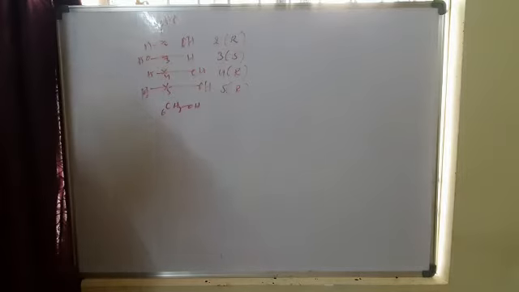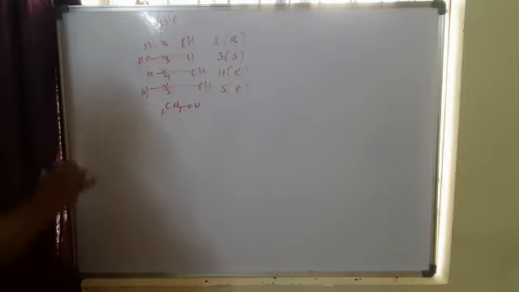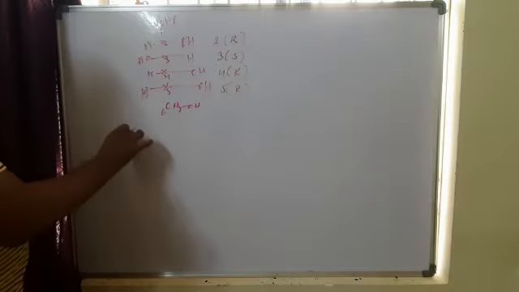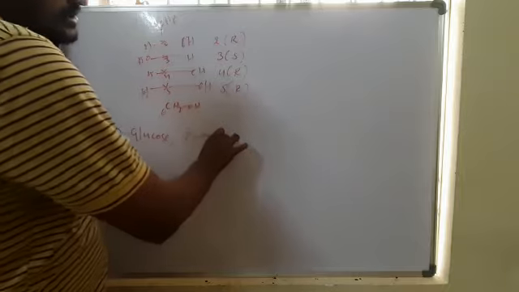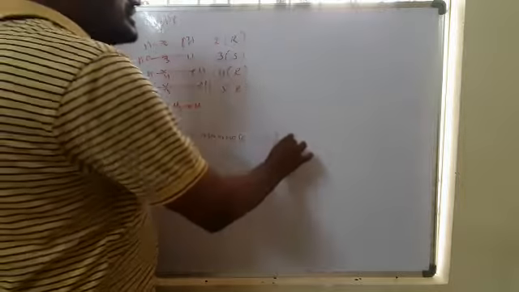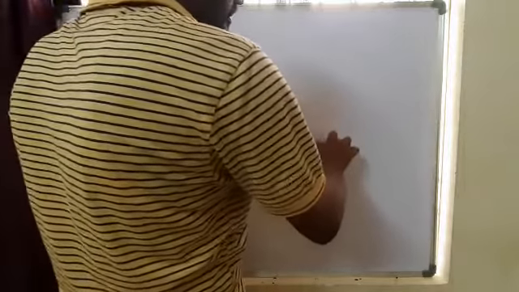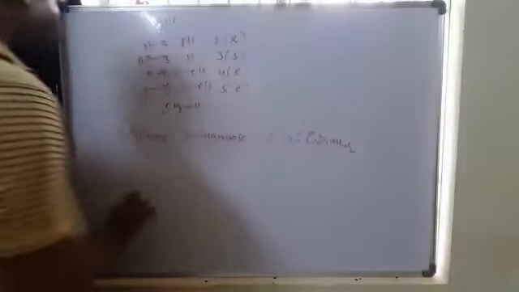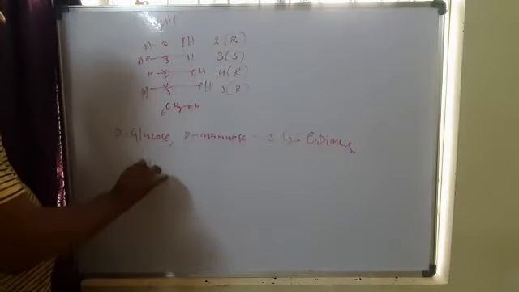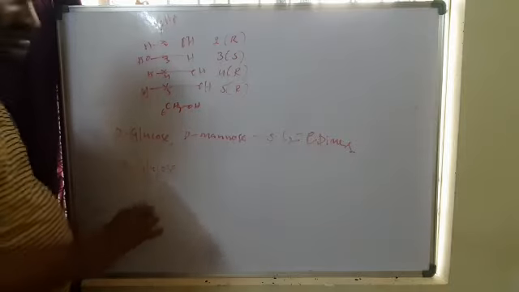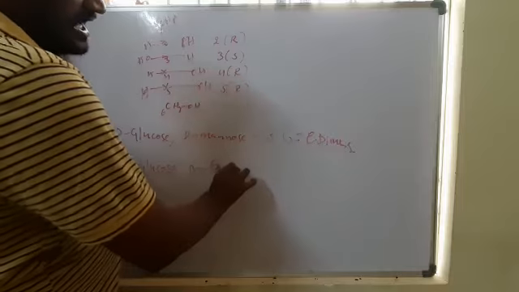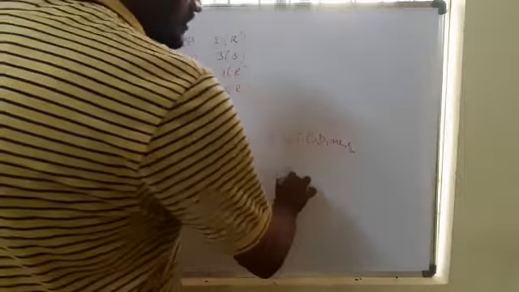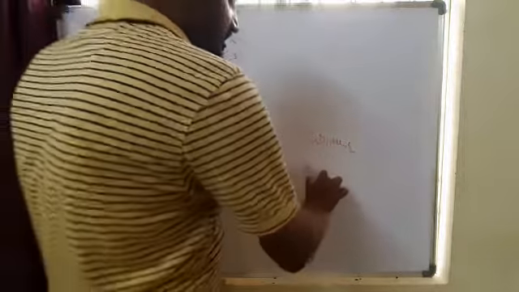Now, D-glucose and D-mannose are C2 epimers, and D-glucose and D-galactose are C4 epimers.